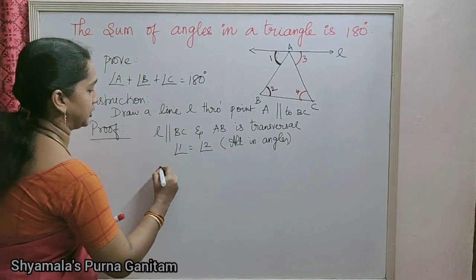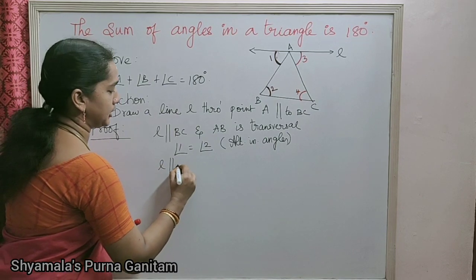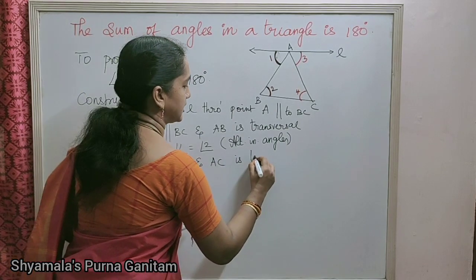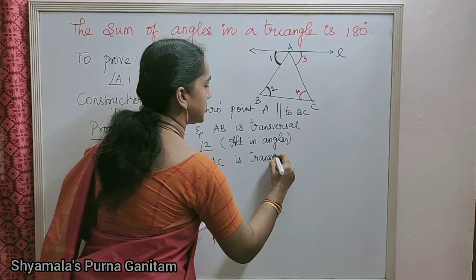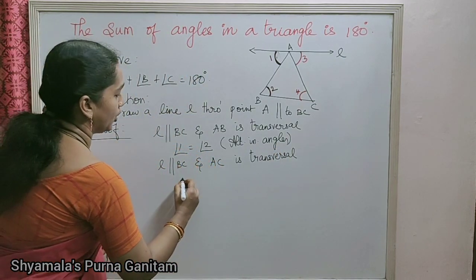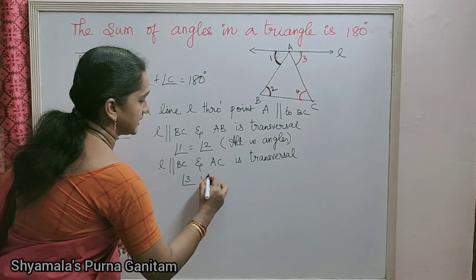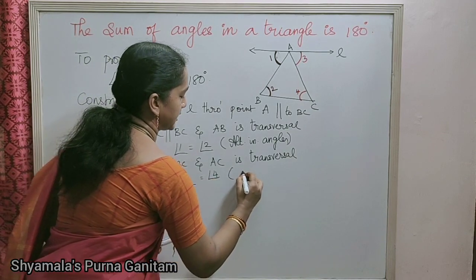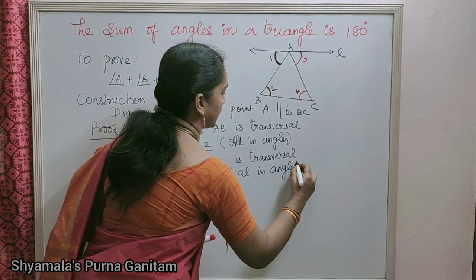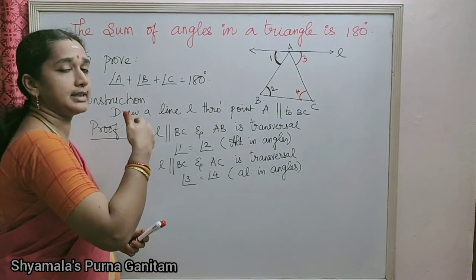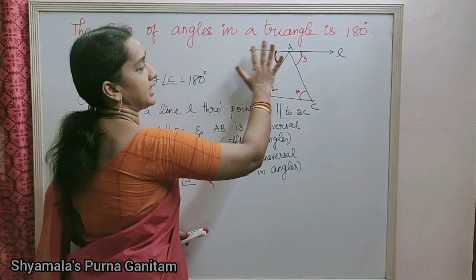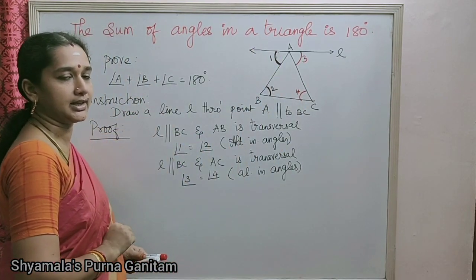That you have to write: L parallel to BC and AC is transversal, so angle 3 is equal to angle 4. The reason is alternate interior angles. This is the condition for parallel lines that you know already. These are the things that we got from the parallel lines and transversal.